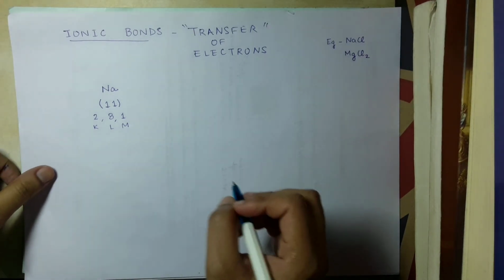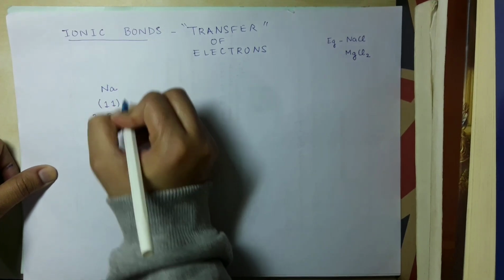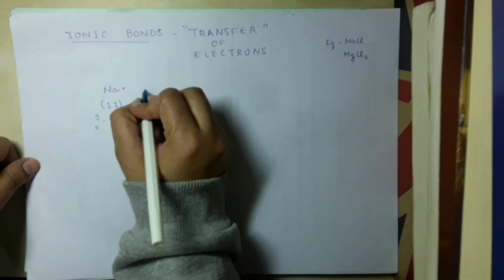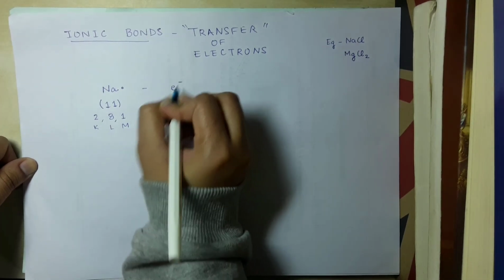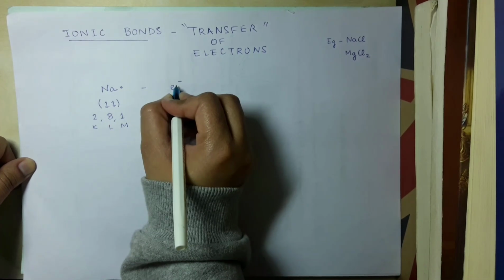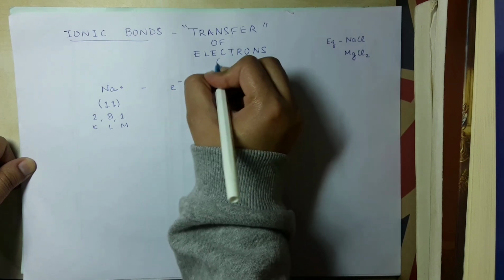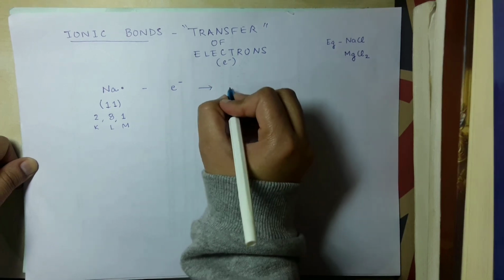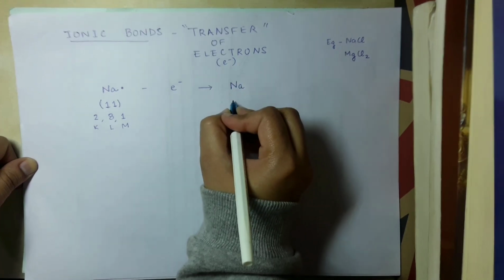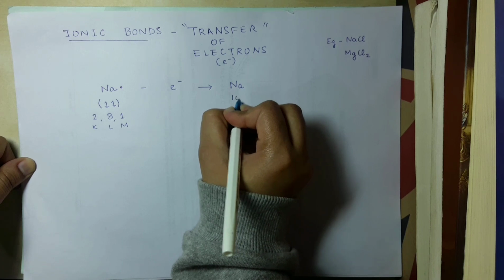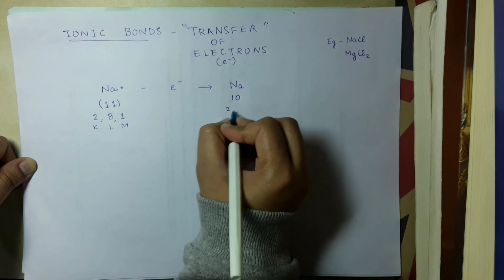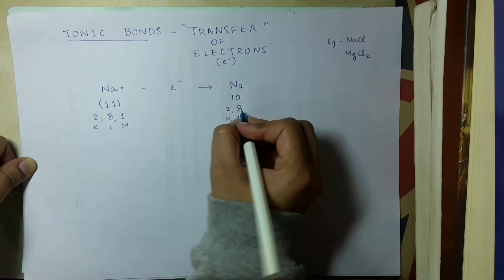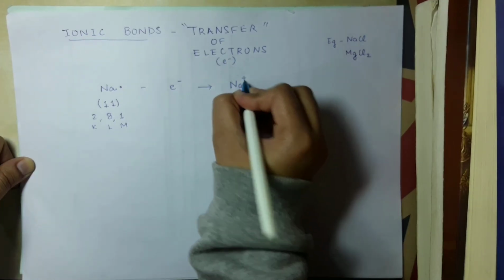I'm writing the last shell electron here, shown by a dot. If it is able to give away minus 1 electron, which we denote by e with a minus sign, it is going to have 10 total electrons, which is going to be 2,8. Okay, and the last shell is completely filled. So when it gives 1 electron, it gets a positive sign.